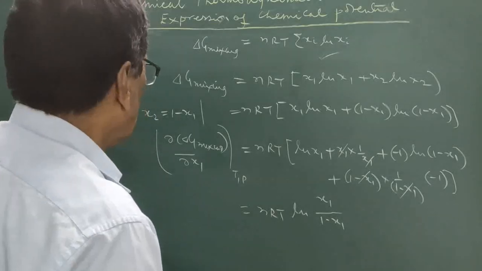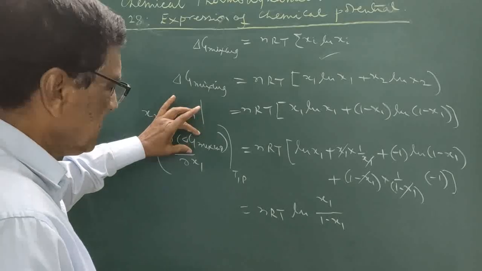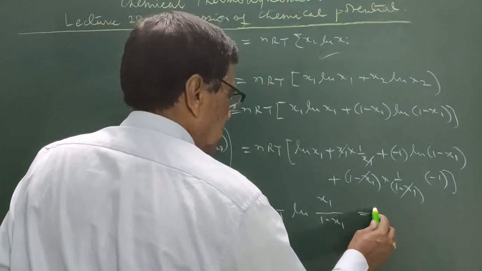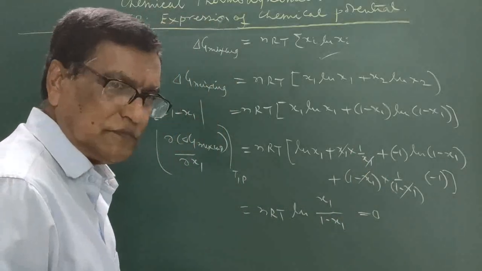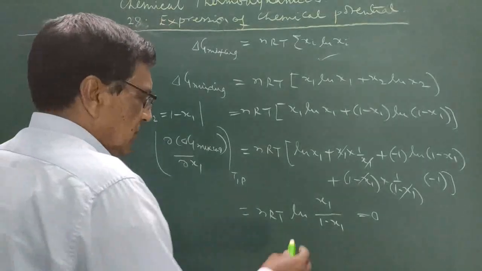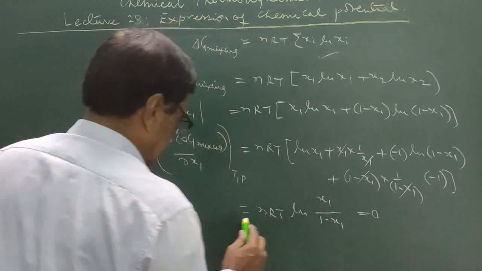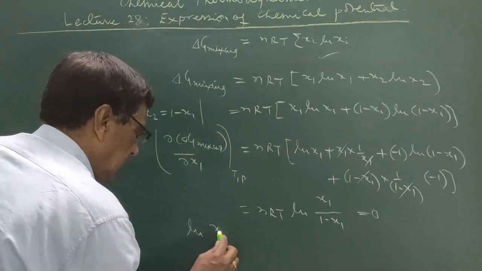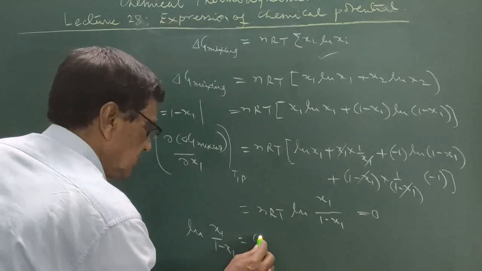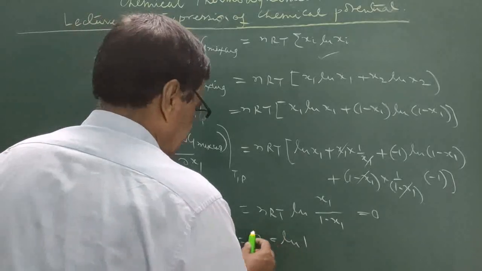So at whichever value of x1 this attains its minimum value, in that case this one equals 0. So ln x1 divided by 1 minus x1 equals 0, equals ln 1 equals 0.